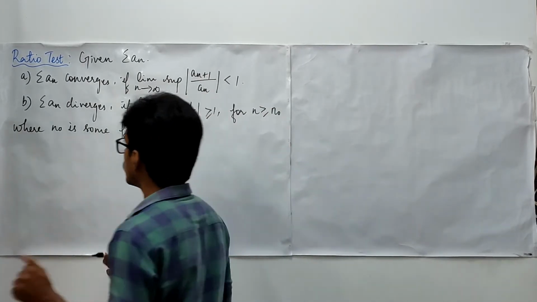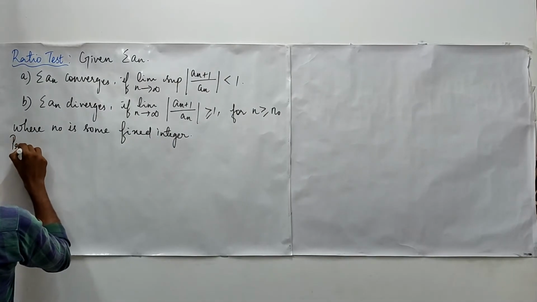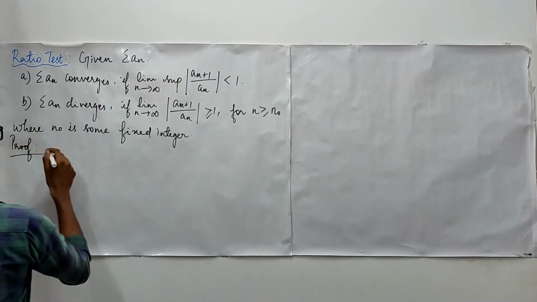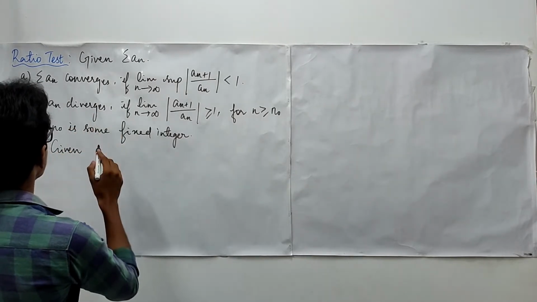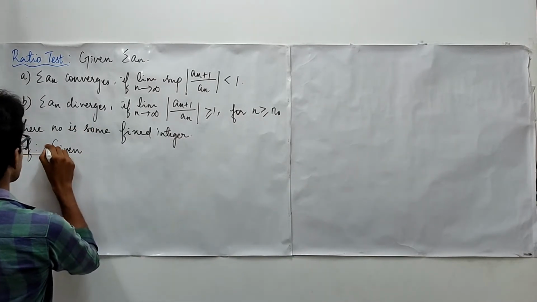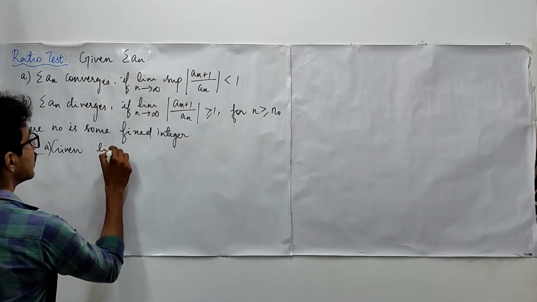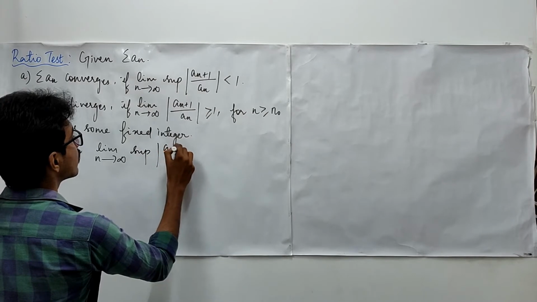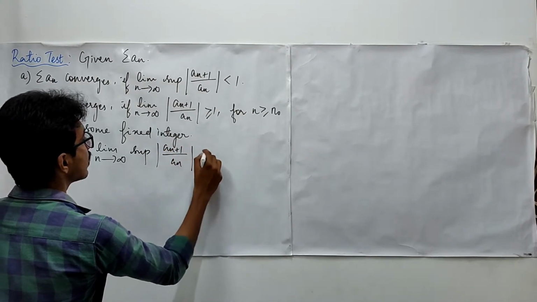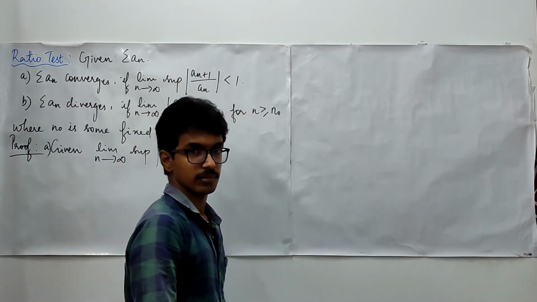Okay, let us get into the proof of this theorem. What is given? In the first part of this theorem, it is given that the limit as n approaches infinity of the supremum of this quantity is less than 1, right?